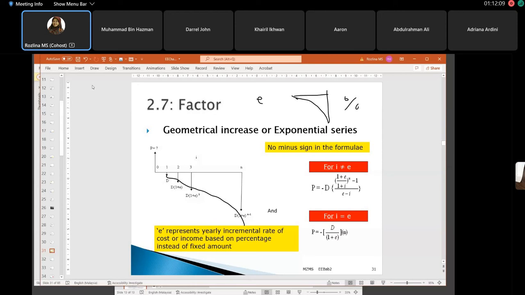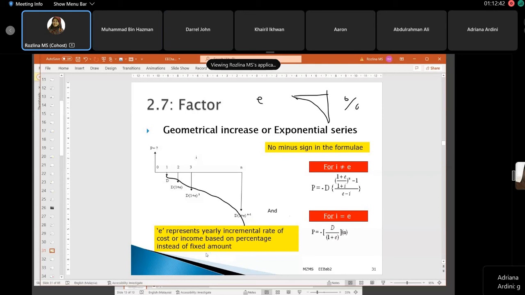So no minus sign in the formula. Okay, you have two cases here. Okay, E. E represents yearly incremental rate of cost or income based on percentage instead of fixed amount. If fixed amount, you use what formula?